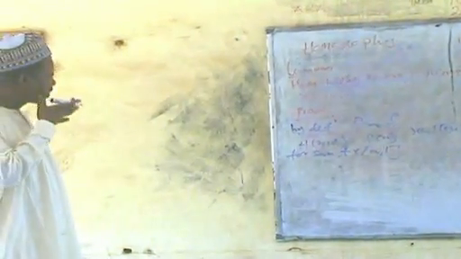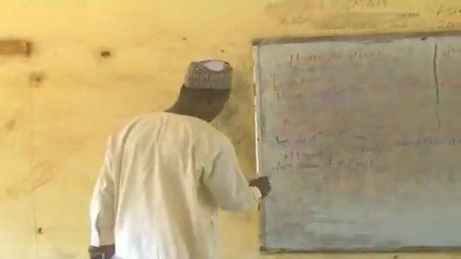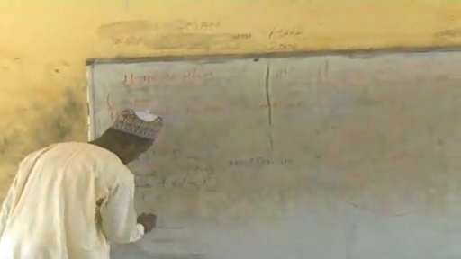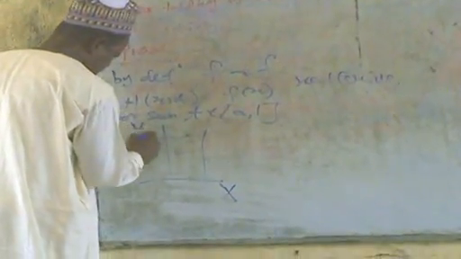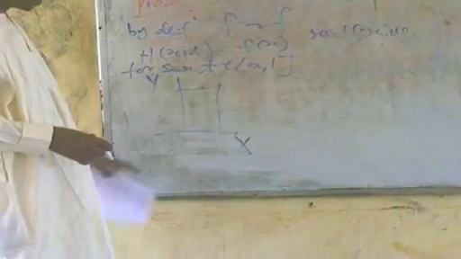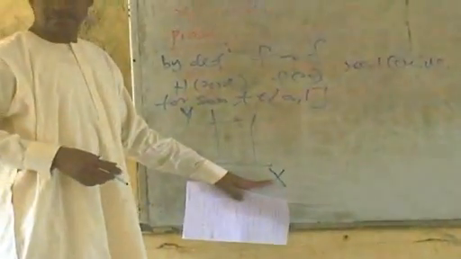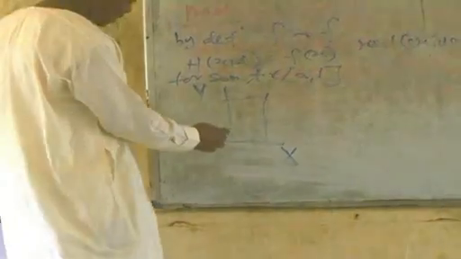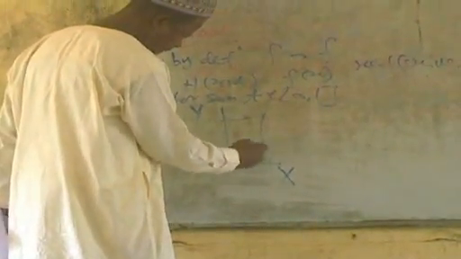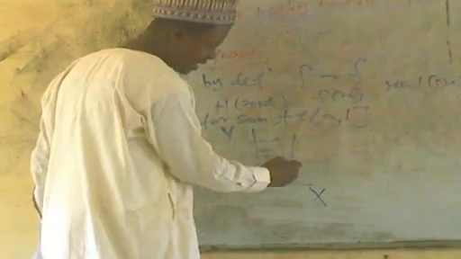You can also show it using diagrams. If you have the unit square with x and y, we transition from x to y, and you discover that all the f's here are f of x.